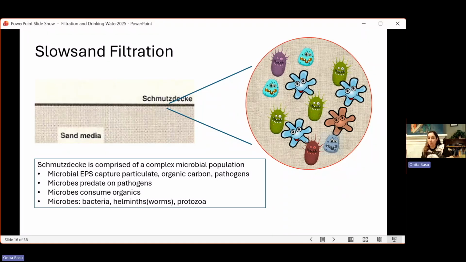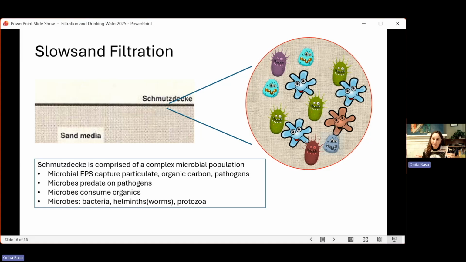The slow sand filter also relies on microbial activity to remove dissolved organic carbon, but it also helps remove the particulates coming into the bed because you allow a larger amount of biomass to develop over the slow sand filter.